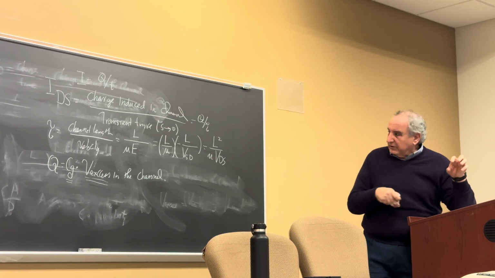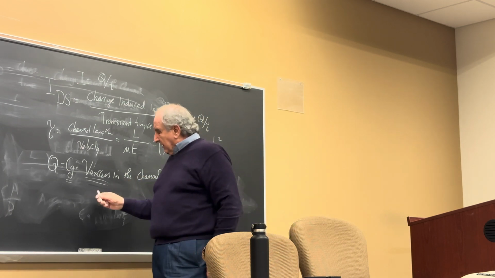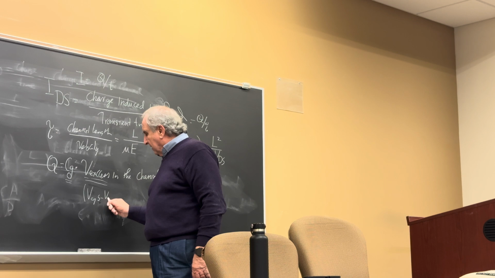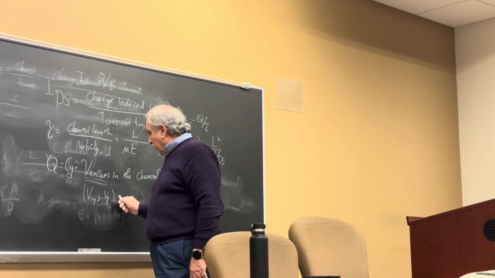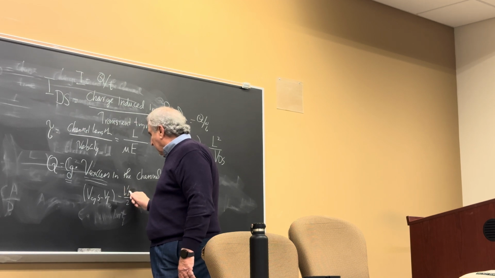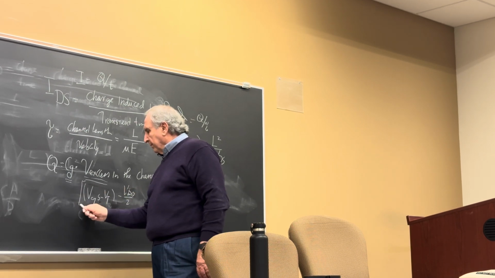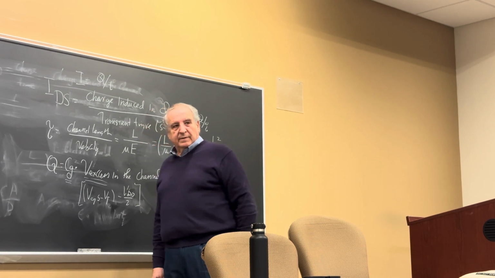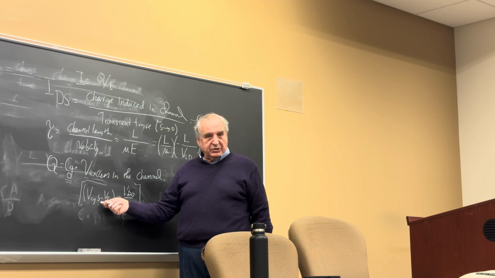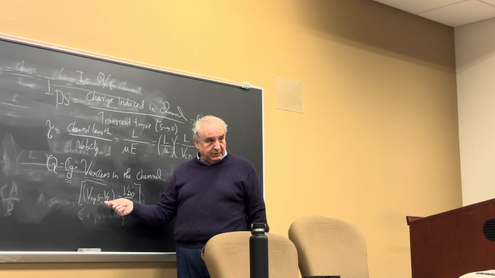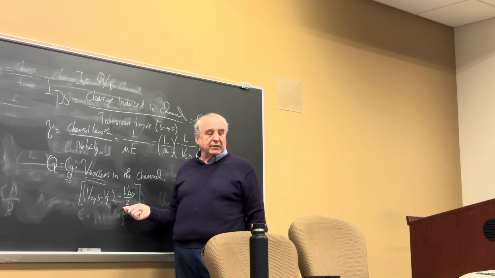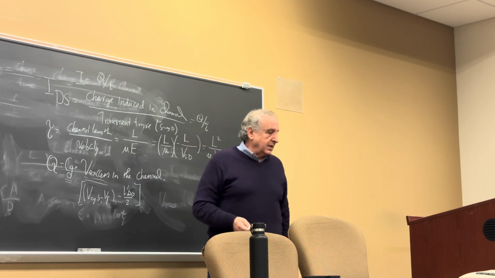So the excess voltage is actually VGS minus VT minus VDS over 2. This is one voltage establishing the channel, and this one is the voltage distributed across the channel from the source.